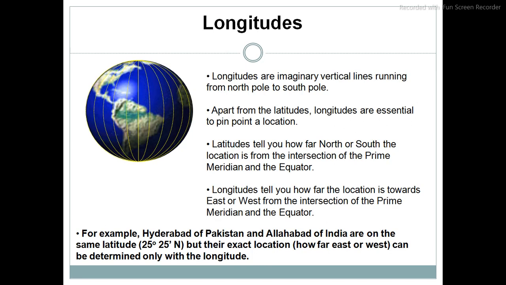Next, longitudes. This slide is talking about longitudes. So what are longitudes? Longitudes are imaginary vertical lines running from the North Pole to the South Pole. All of you observe this yellow line coming from the North Pole to the South Pole.